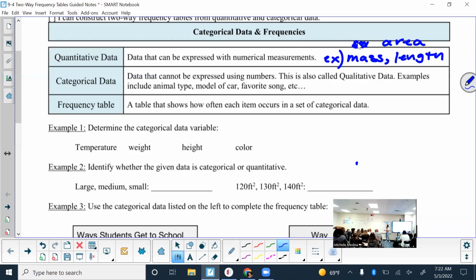The categorical data is anything that is not numbers. We also call it qualitative data. So hopefully you've heard of both in science. If not, there it is. Qualitative data, so things that have qualities. They have some examples here like animal type. If I were to survey you and ask what type of pets you have, what would you tell me?